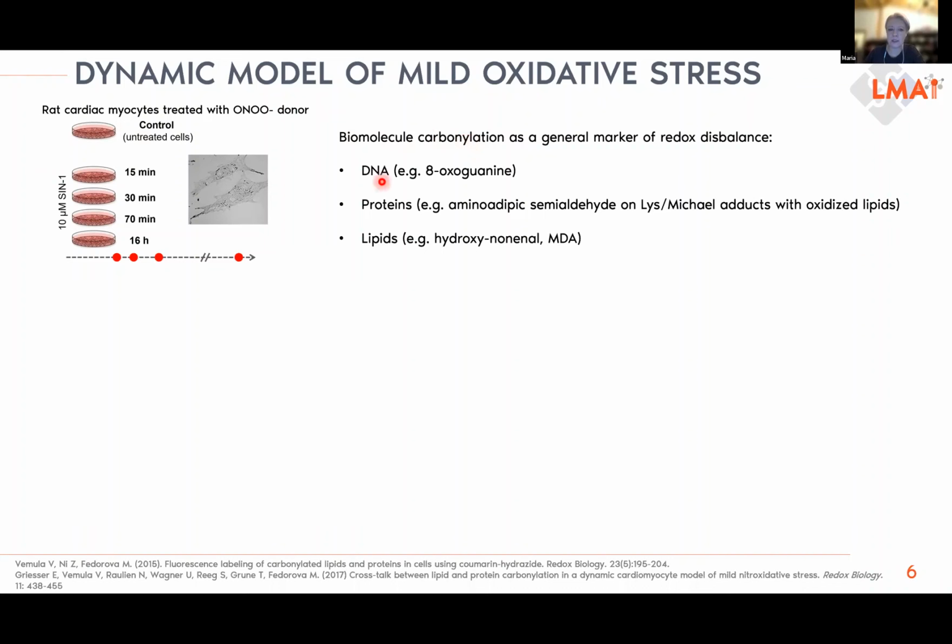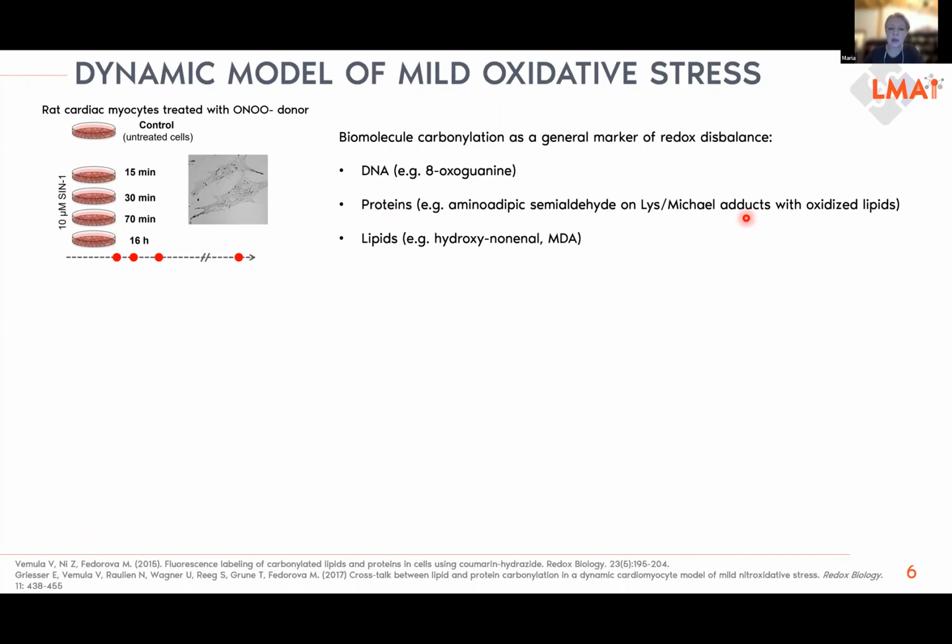For instance, for DNA, guanine oxidation is a marker of oxidative stress; it contains this carbonyl function. Proteins can undergo a lot of modifications leading to so-called protein carbonylation and direct oxidation. For instance, deamination of lysine with the formation of aminoadipic semialdehyde, or a reaction between nucleophilic amino acid residues in proteins with the products of lipid peroxidation via Michael addition.